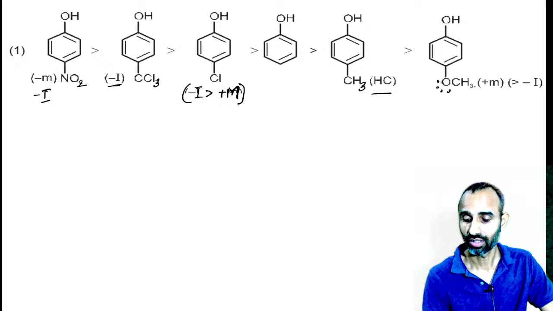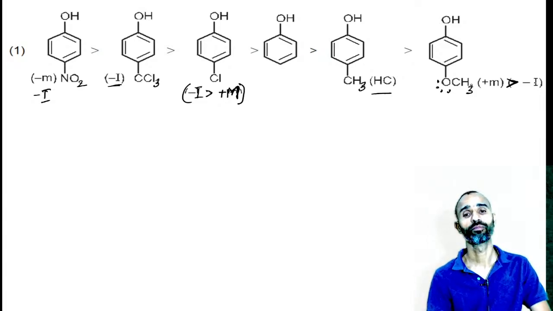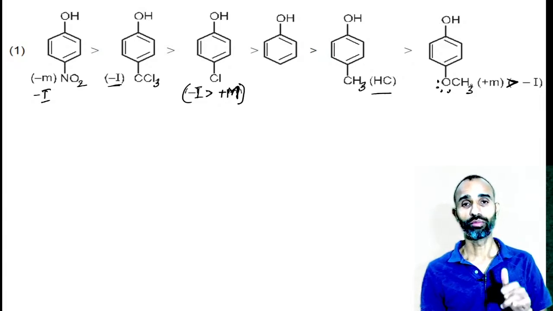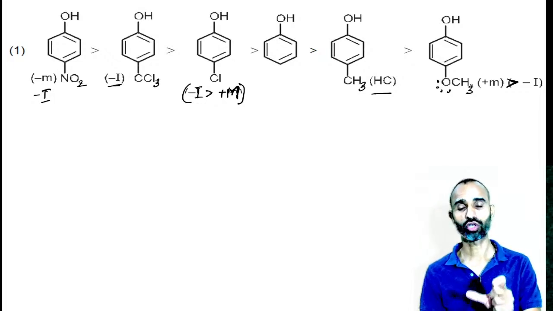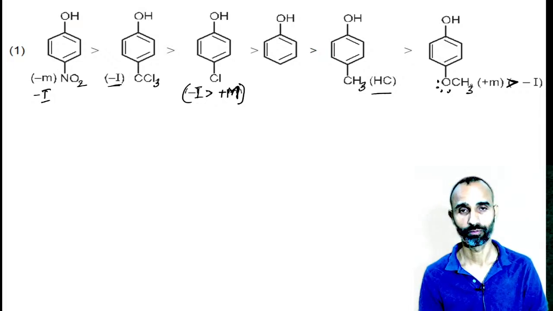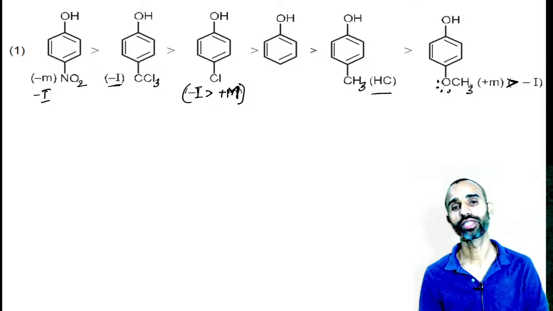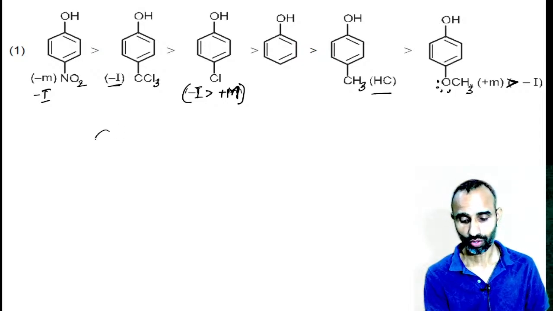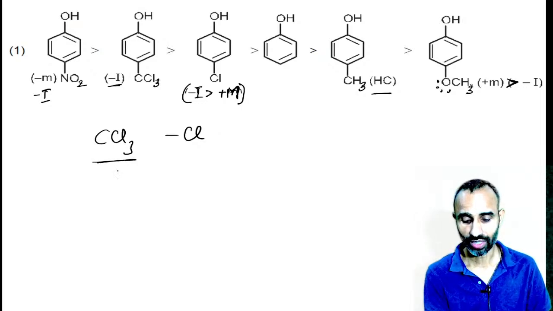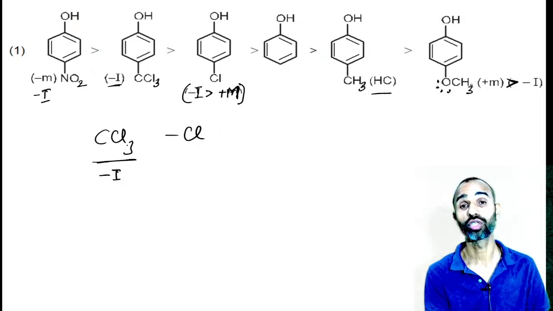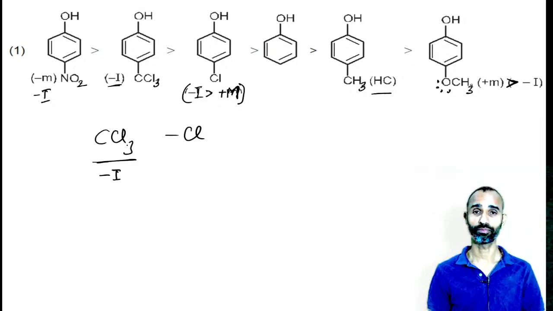OCH3 has plus M effect, which is more than minus I. Obviously the strongest electron withdrawing group is NO2. Then it is CCl3. Now out of CCl3 and chlorine, CCl3 has strong minus I effect due to the presence of 3 chlorine groups.